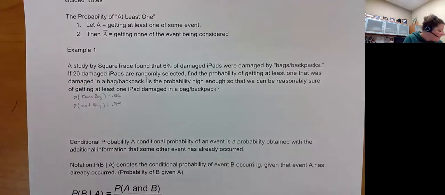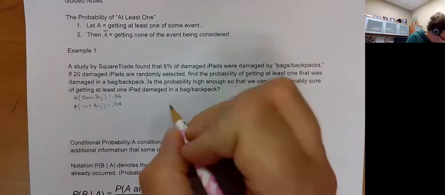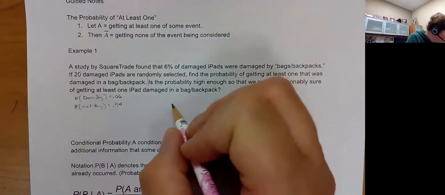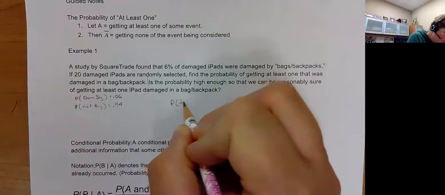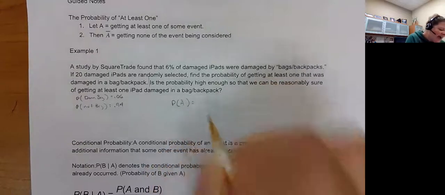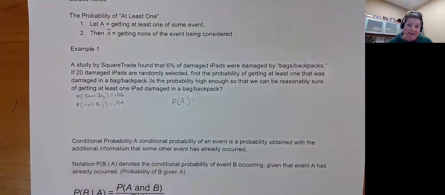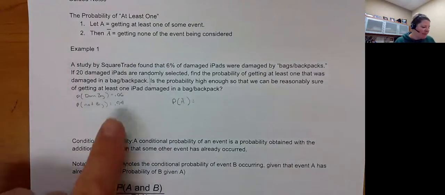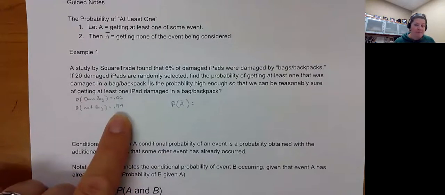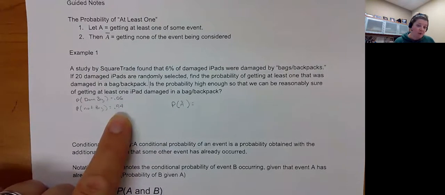So think about it this way. If I want the probability of not A, that's not damaged by a backpack from our original question. We would look at that first damaged one. The probability of it being from not a backpack is 0.94.